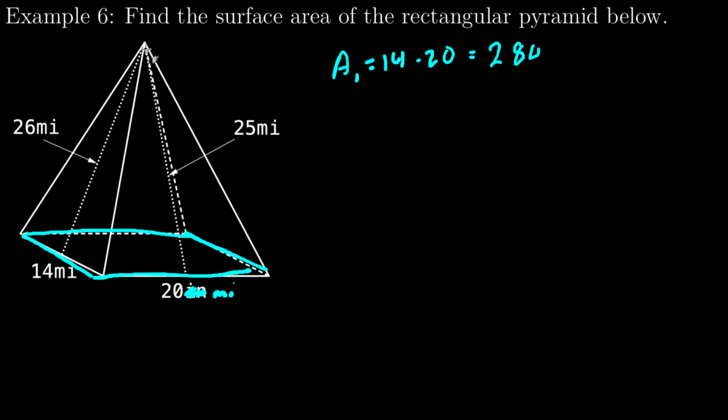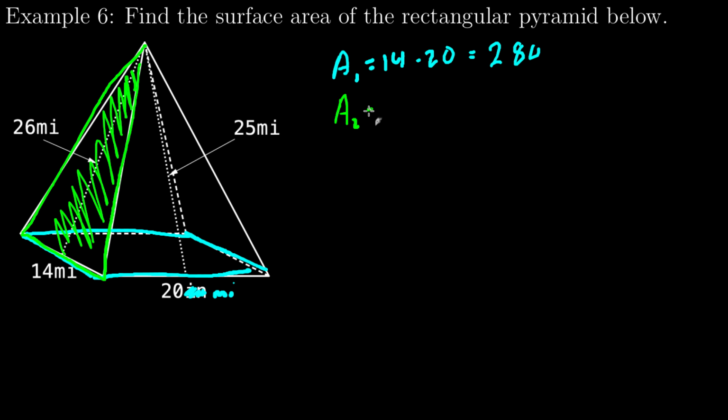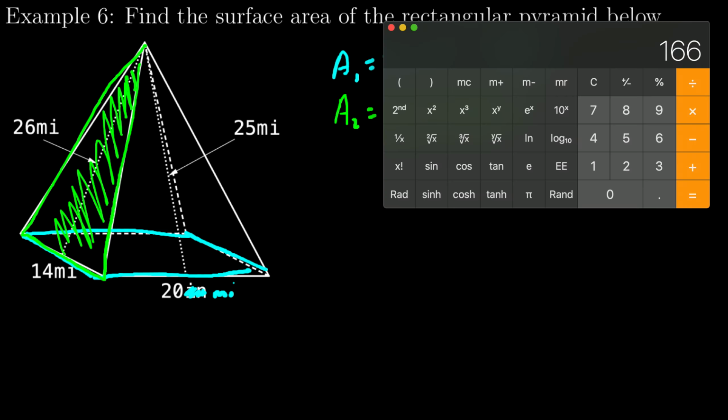If I look at the left triangle and the right triangular face, I see that they are both 14 by 26. So I have 1/2 times 14 times 26, which I think is going to give me 182. Let me check.